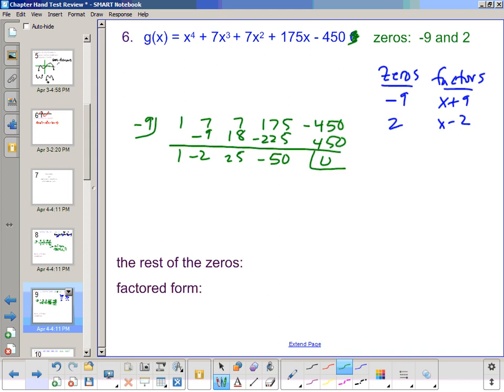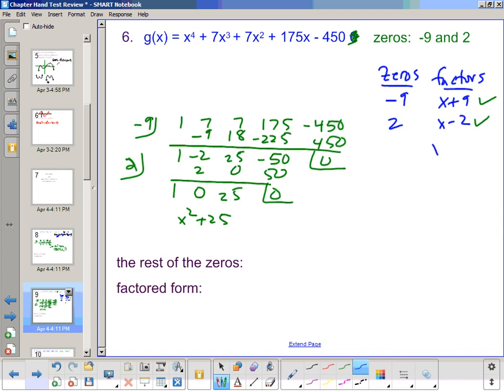Let's take that and divide by x minus 2. And we've confirmed that both of these are factors. And what we have left over, these digits represent x squared plus 25. And since we have the sum of two squares, we can't factor it and still have integer coefficients, so that means this is a prime factor.